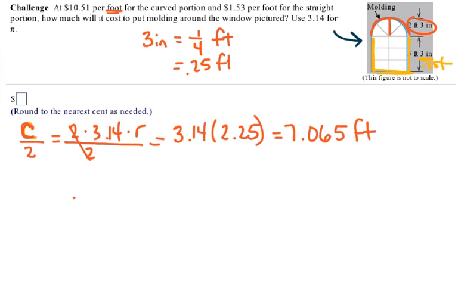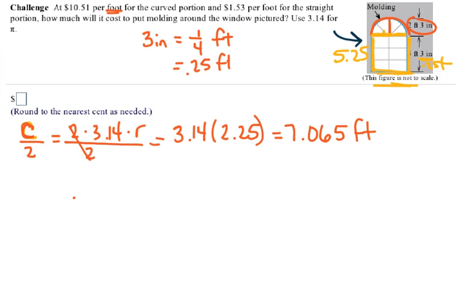So that side is 5.25, and this side is 5.25, and the bottom is not as obvious. But if you look at the circle, the radius is 2.25 feet, and this radius is 2.25 feet.